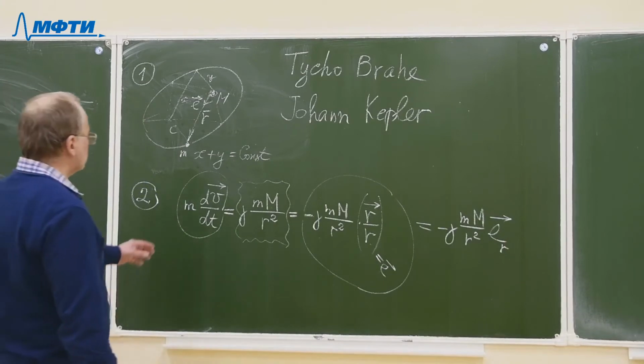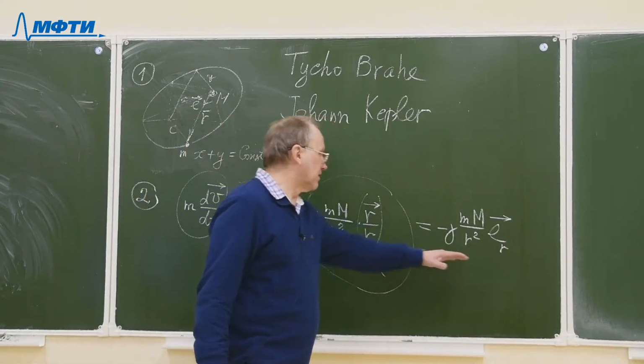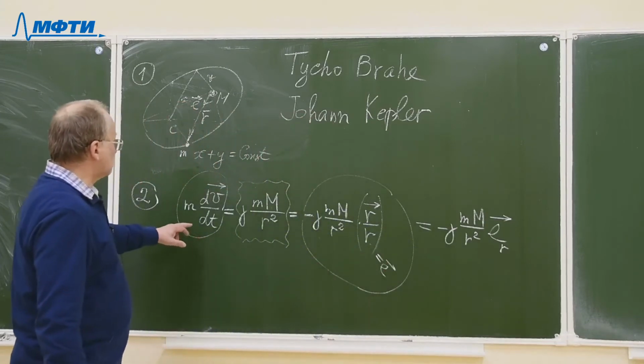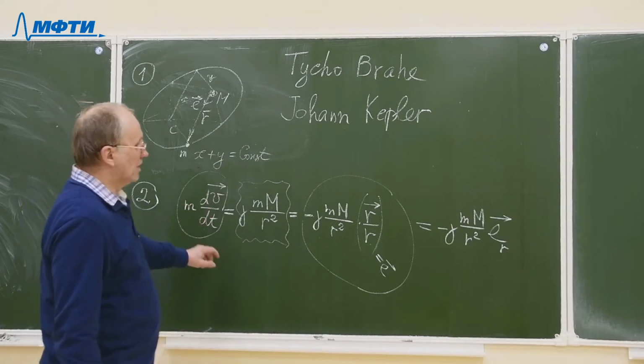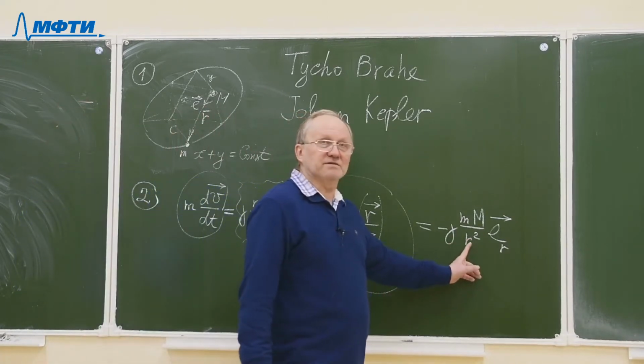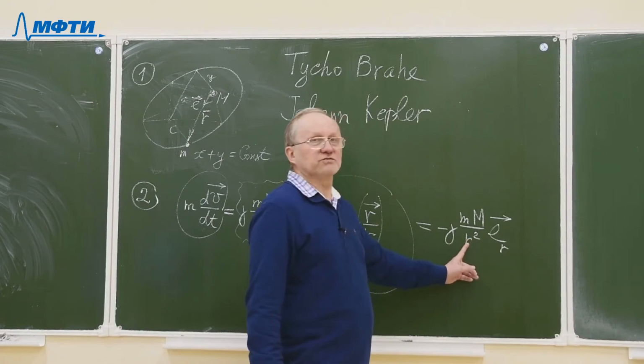So Newton wrote such an equation. And this is a differential equation because velocity is a function of time and the radius vector, the distance from the planet to the sun, is also a function of time.